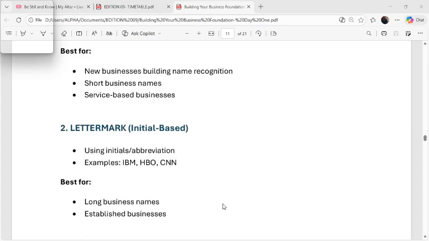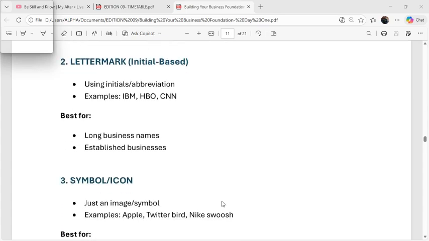Then there's what we call a letter mark. A letter mark is initial based. For instance, you are using initials or abbreviations like IBM, HBO, CNN. You see those ones, it is not the complete name of the company, but just the initials or the abbreviation for that company.